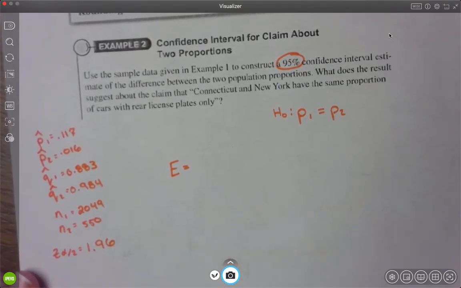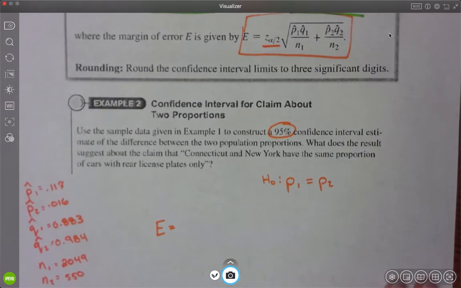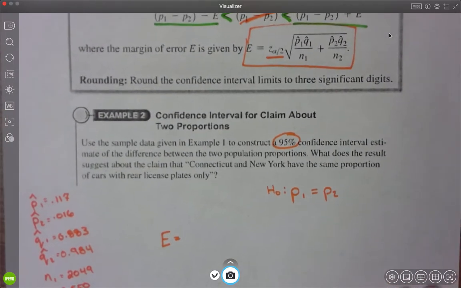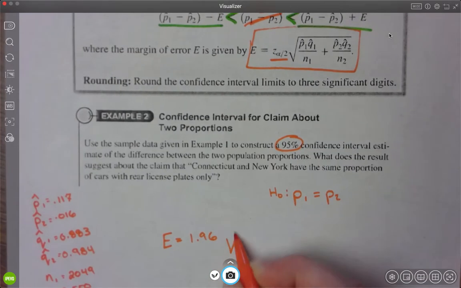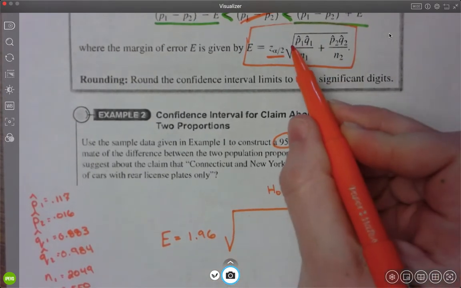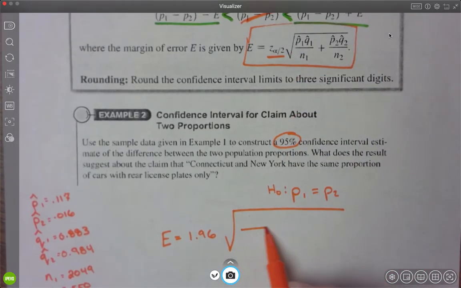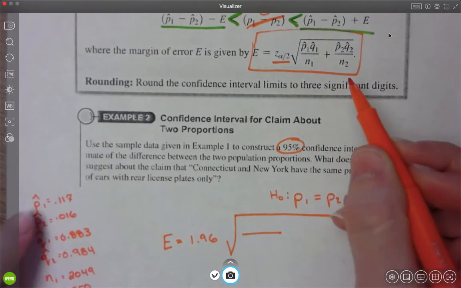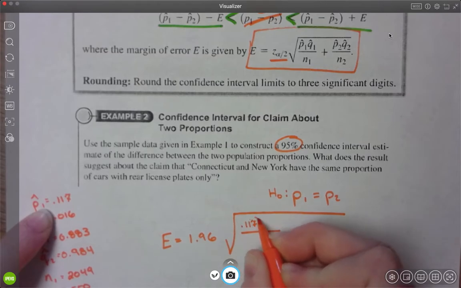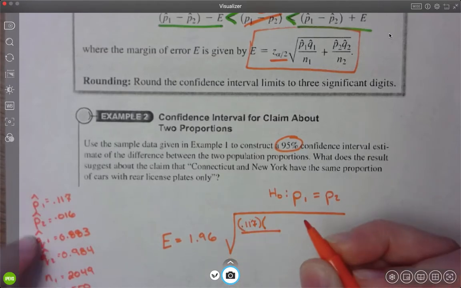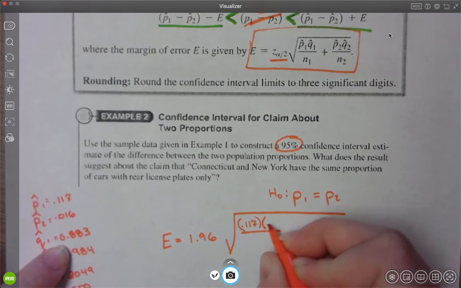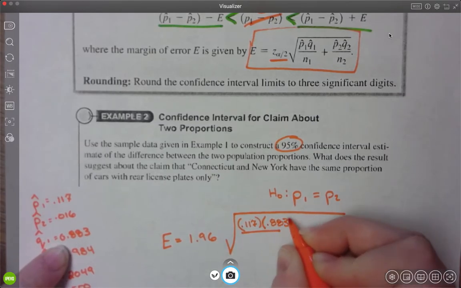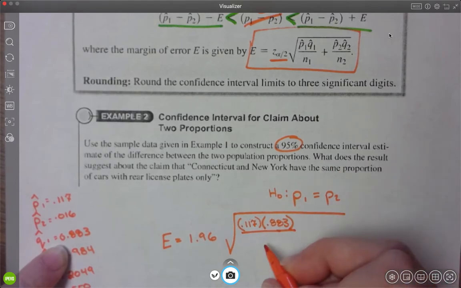All right, so for our formula, I'm just going to start slapping things in here. 1.96, and we have a big, long square root of stuff. So these numbers up here: P1 hat is 0.117. Q1 hat is 0.883, over N1, which is 2049.